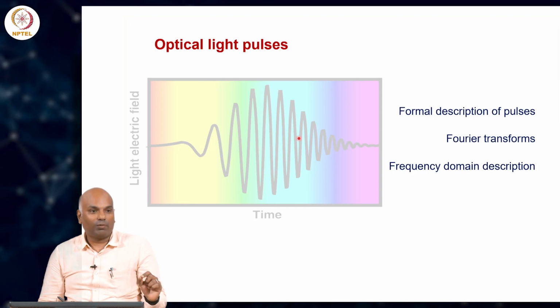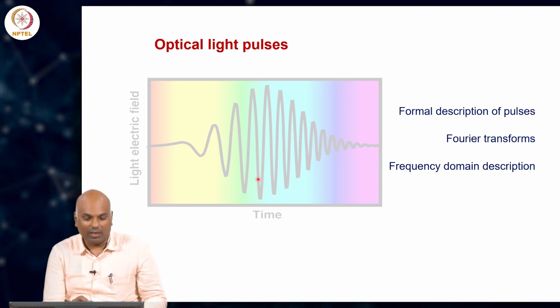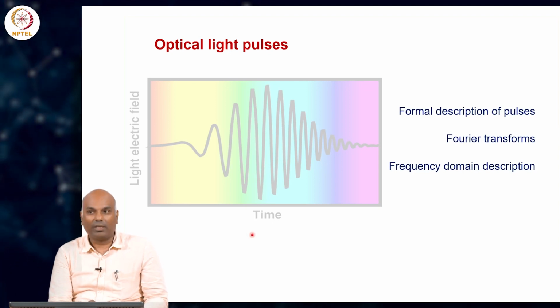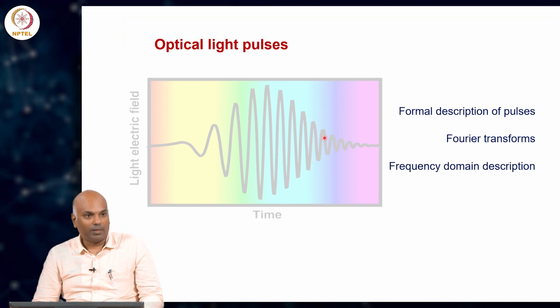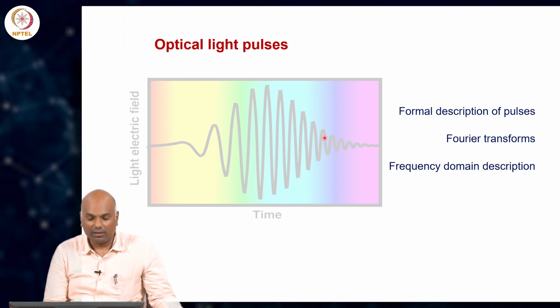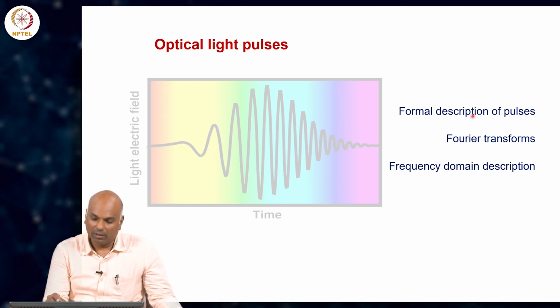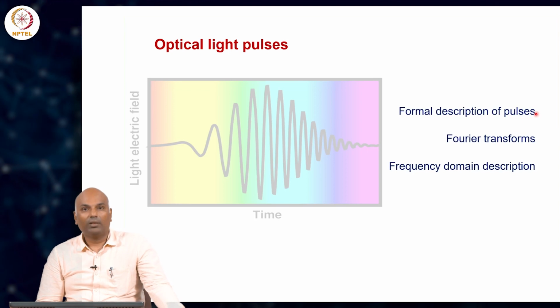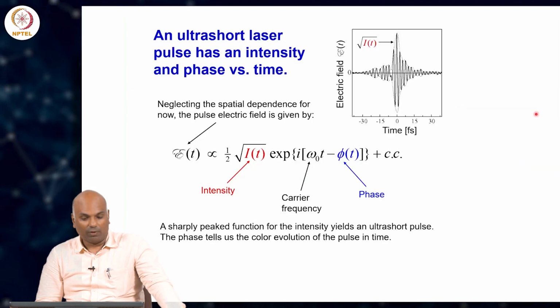So, this should pique a beginner as to, oh, what is happening, right. Why did you not sketch a pulse with a uniform carrier frequency inside? Yes, that is a good question which I asked and answered. So, we want to keep this generic picture and take this forward in describing pulses or laser pulses, optical light pulses formally.